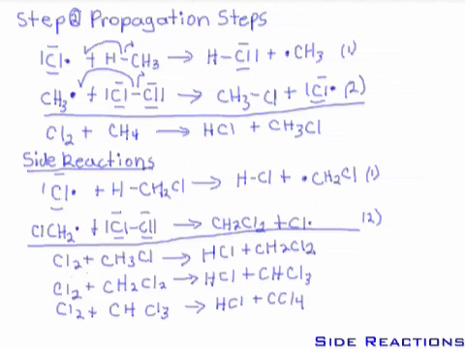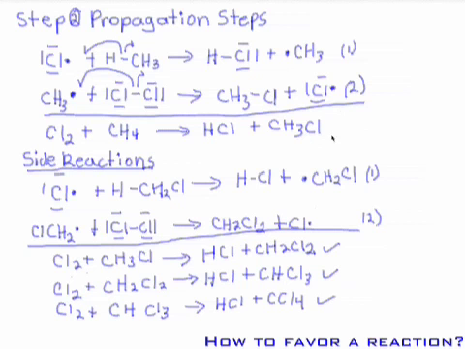Wow. So these are all side reactions that compete with the desired reaction of preparing methyl chloride. And these will give you a large mixture of different chloromethane derivatives. Now, you can favor one reaction over the other.